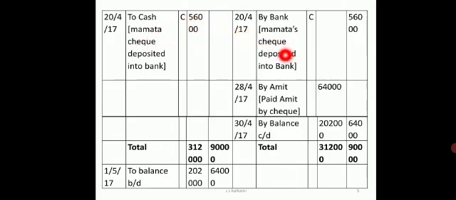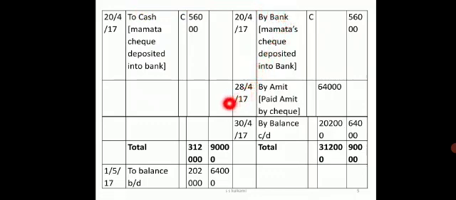So the narration for both the entries will be the same. Mamta's check deposited into bank, and both are contra entries because cash as well as bank are appearing once on the debit side and once on the credit side. So when a deposit is made, bank is debited and cash is credited, and whenever you are having withdrawals, cash is debited and bank is credited.